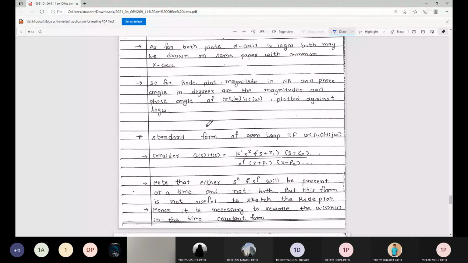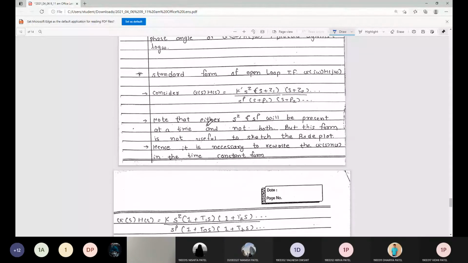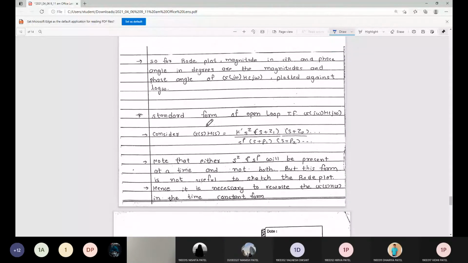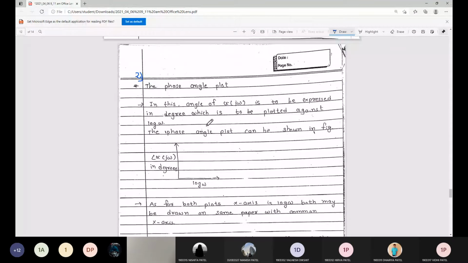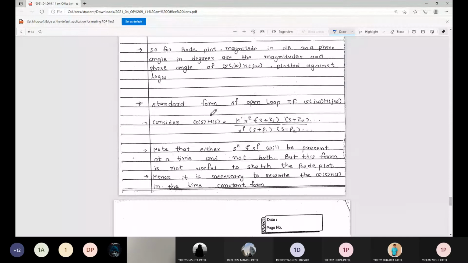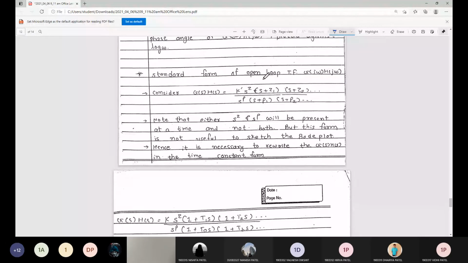Okay, so what is the common platform for drawing the Bode plot? Let us take one open loop transfer function, G(s) into H(s).